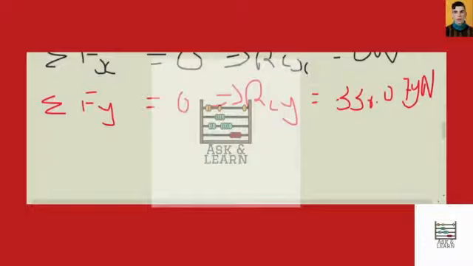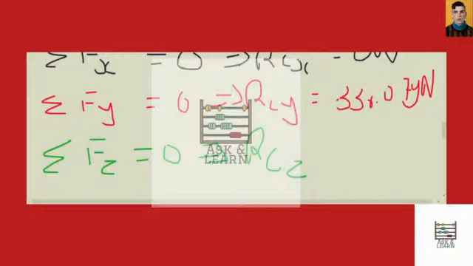F2y is 525 times the cosine of the y direction, 120 degrees. And F2z is just going to be 525 times the cosine of z, which is 60 degrees.